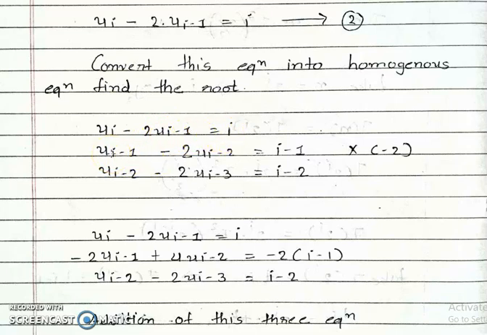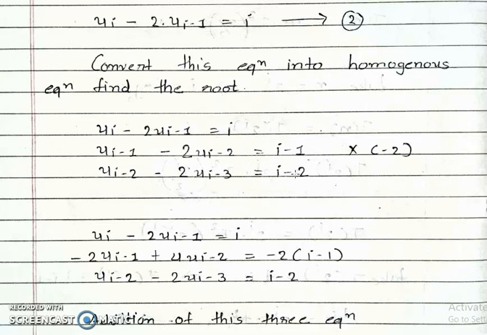Then subtract by 1, we get u(i-1) - 2u(i-2) = i - 1. Again subtract i by 1, so we get u(i-2) - 2u(i-3) = i - 2.